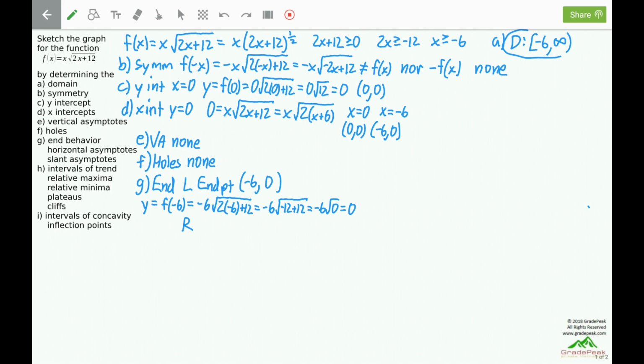Back up here for the domain, the right end is positive infinity. So the right end behavior can be determined by the limit as x approaches positive infinity of the function x times the square root of 2x plus 12.